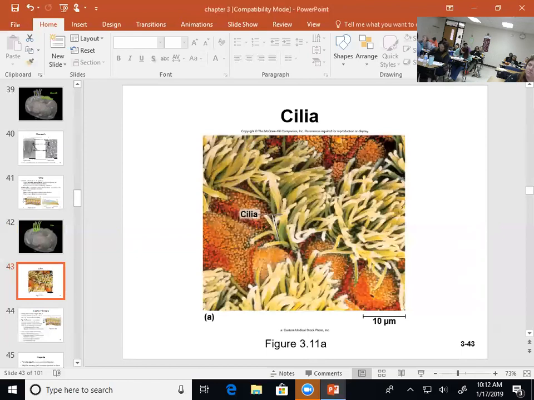So cilia act as projections that move substances past the cell in a very coordinated fashion. Ladies, you have 2 ovaries, right? And each month, 1 ovary would get targeted for ovulation if you're not doing any sort of birth control. The ovulation will occur, and that little egg has to be fertilized within a couple of hours or it dies.